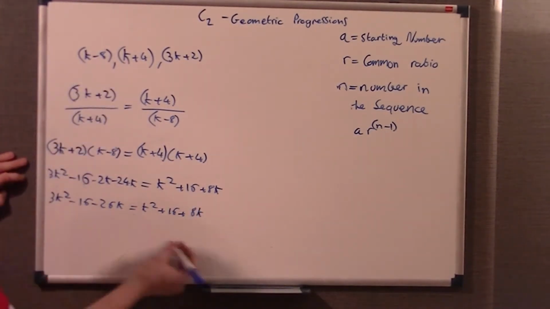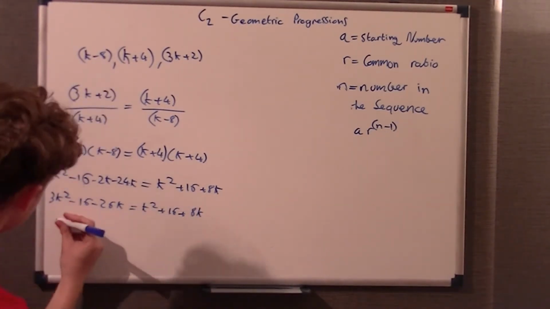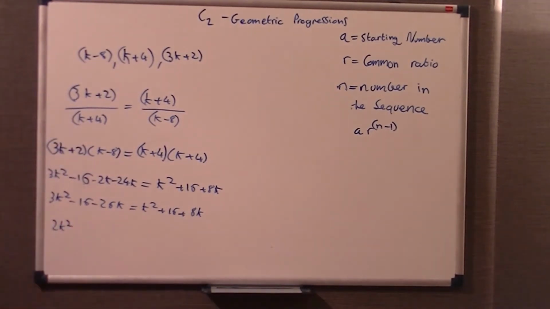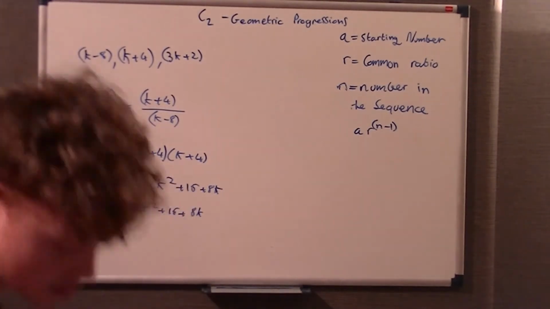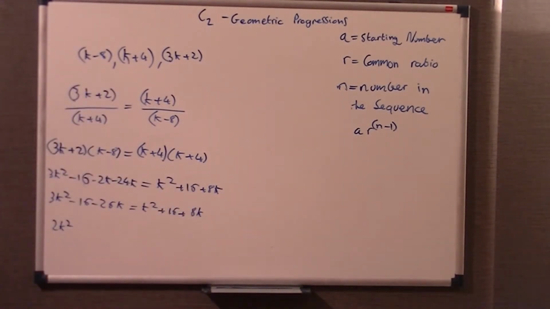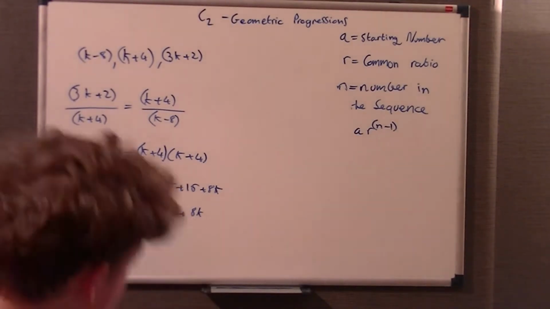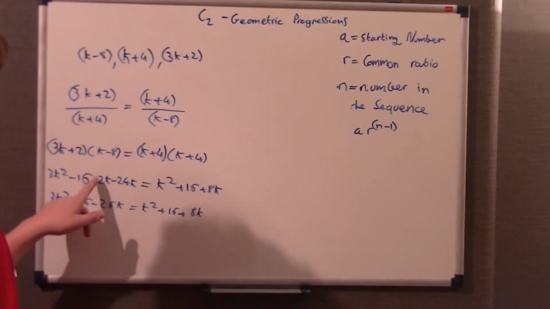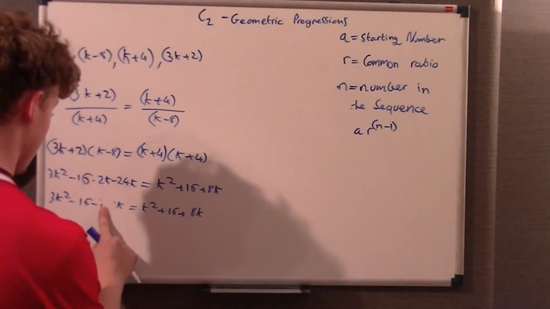Simplify that down, bring all this over here. So 2k squared, is that how I've done it? Oh, sorry, I've done something wrong. Oh yeah, so we plus 2k, sorry. Just going wrong there.